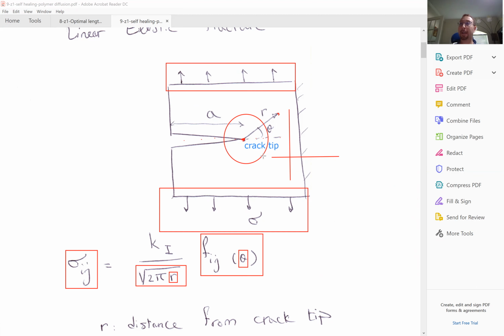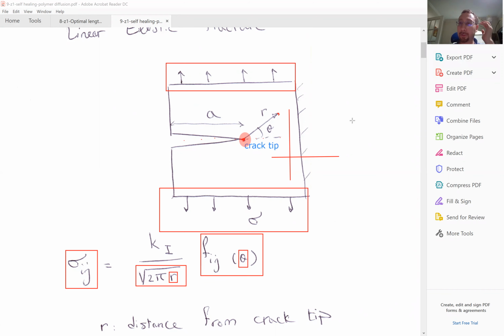The other thing is that the stress in no material can go to infinity. So what happens is some plastic deformations will limit this analysis. Basically, the outcome is that there is a very small region around the crack tip in which this stress field is not valid, because the stress doesn't go to infinity.